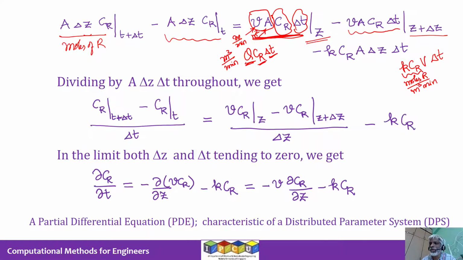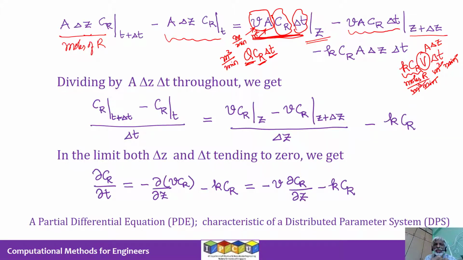And then V is in meter cube, delta t is in minutes, let's say. So minutes cancels with minutes, meter cube cancels with meter cube, leaving us with moles of R, which is dimensionally consistent with the other terms. Now, here, as we have done before, instead of V, we will just say A delta Z, because the volume that we are now focusing on is this control volume with volume equal to A delta Z.